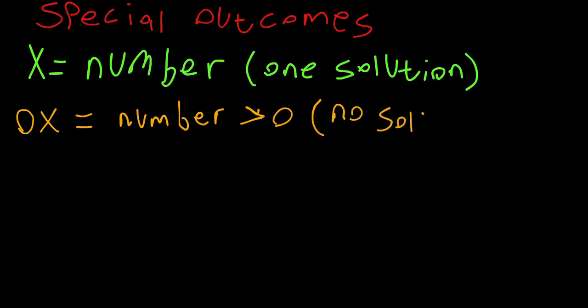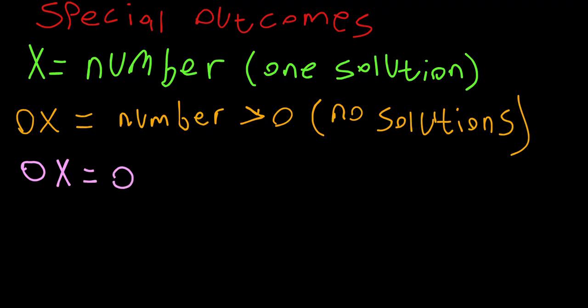This is just going to be an intro to this, and we'll go much more in depth on this later on, but I just want you to be aware of them. When you get 0x equals a number, that means there's no solutions. And there's one final special result that you may get, and that is 0x equals 0.